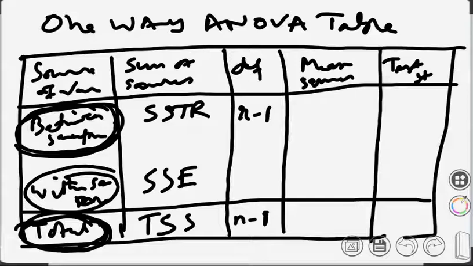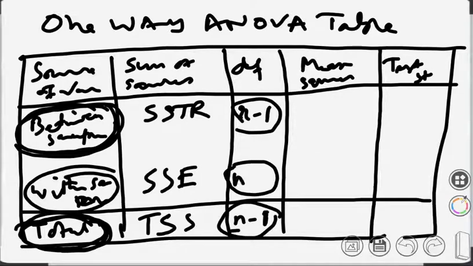R is the number of groups. So this value will be n minus 1 minus r minus 1. N minus 1 because this is total. This value is obtained by subtracting r minus 1 from n minus 1, that gives you n minus r.